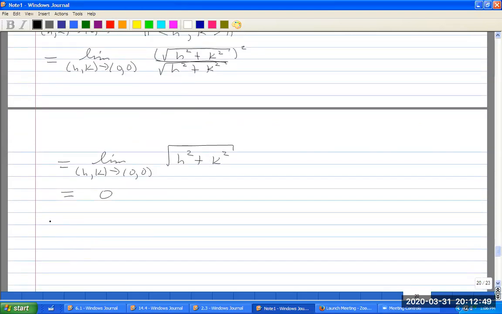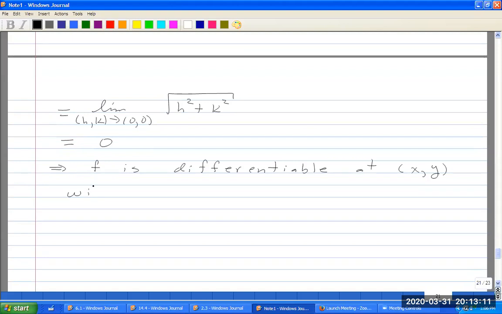So F is differentiable at any point x y, and it has matrix representation 2x, 2y.